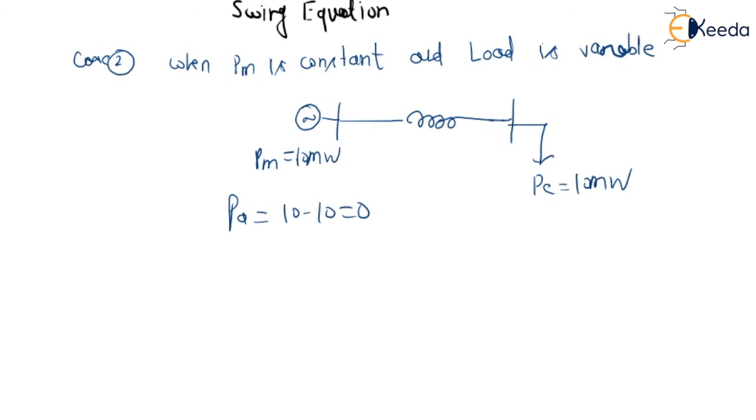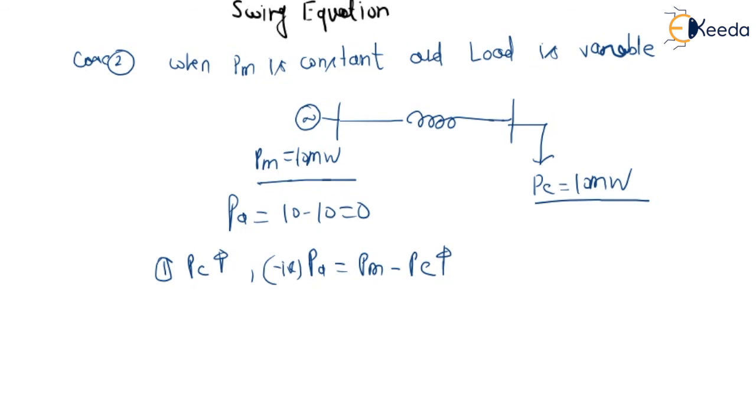But what happens when the load has been increased or decreased? When the load has increased, PA is equal to PM minus PE. The first point is when the load is increased. Initially the input is constant, so PA value will be negative, meaning a decelerating torque will be applied on the rotor and the rotor will start decelerating.